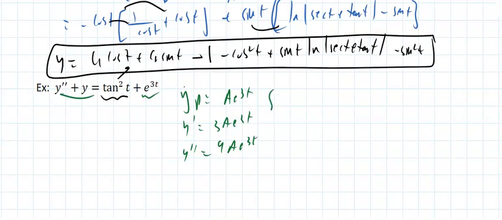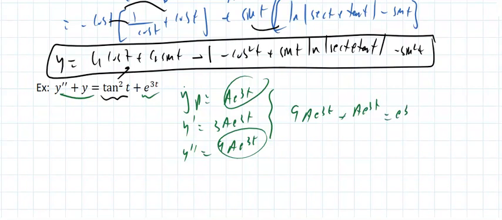So can't I say now, take y double prime, 9a e to the 3t, plus y, a e to the 3t, and that should equal e to the 3t. That means 10a equal 1, a is 1 over 10.